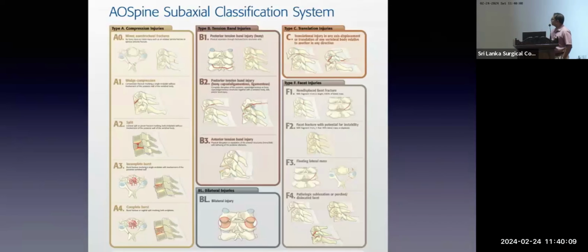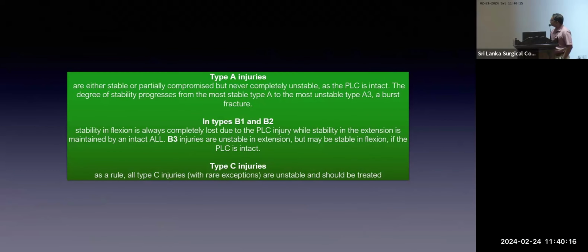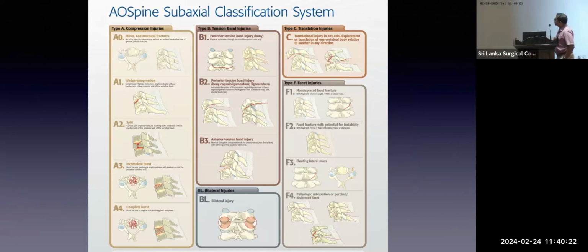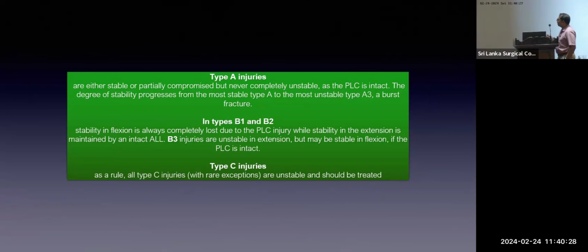So here again, the AO classification and subaxial classification system, right? In the previous one, we had the injuries of A, B, and C. And in these, they gave a concept of what the treatment should be.